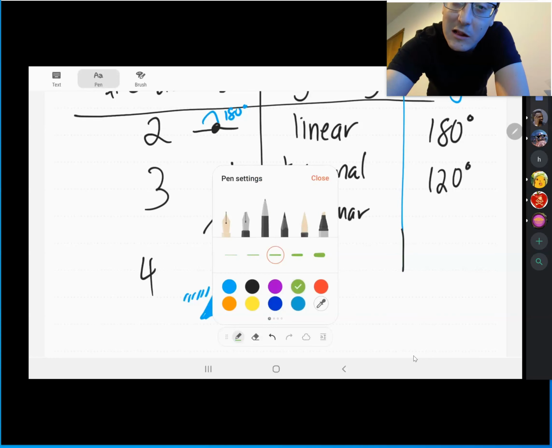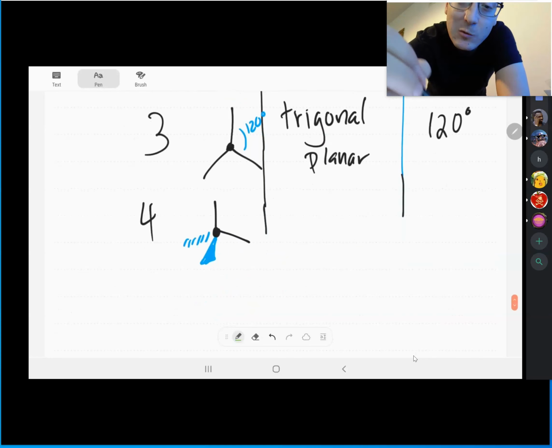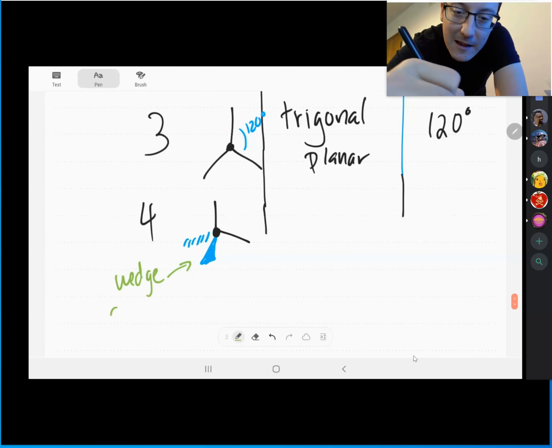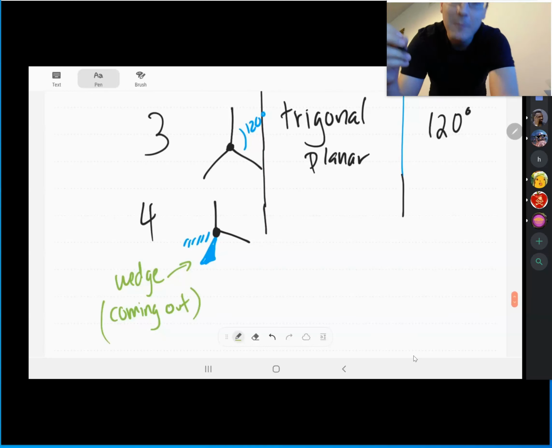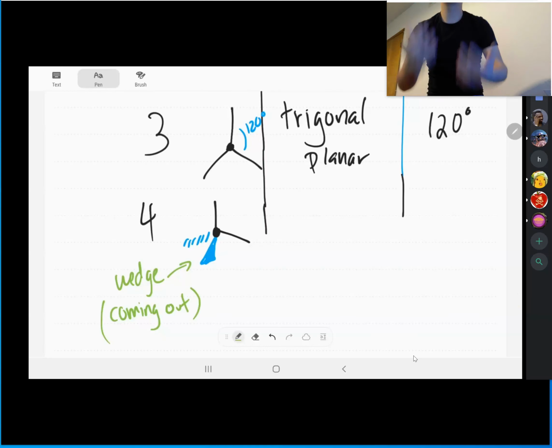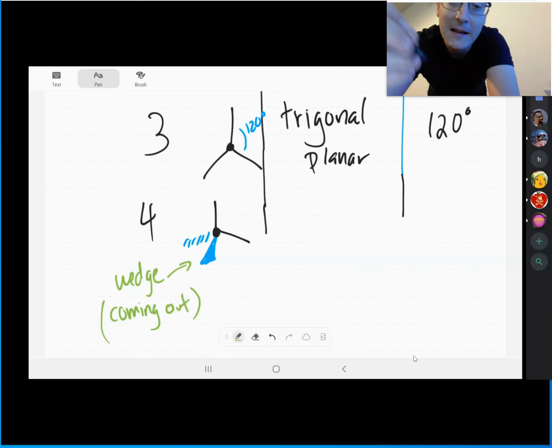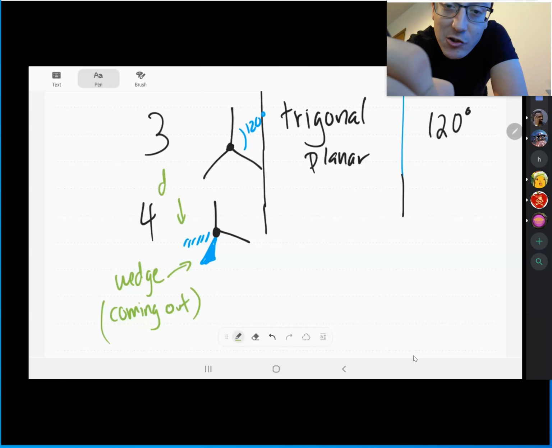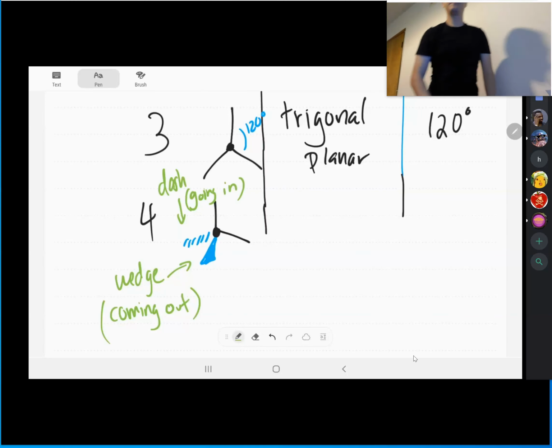So, just visually, this wedge thing means coming out. So that is coming out of the tablet, I guess, in this case. Basically like pointing out, coming out of it, three-dimensional. And this thing is called the dash, and that means going in. So that is going backwards.